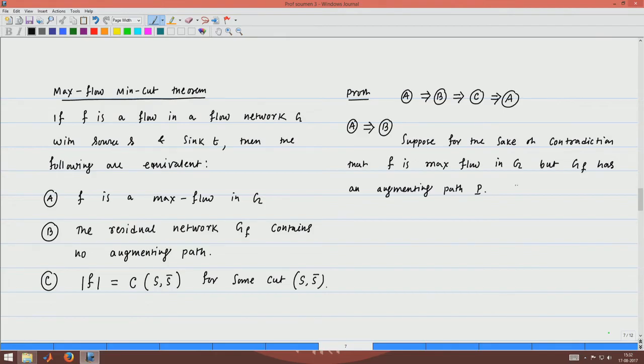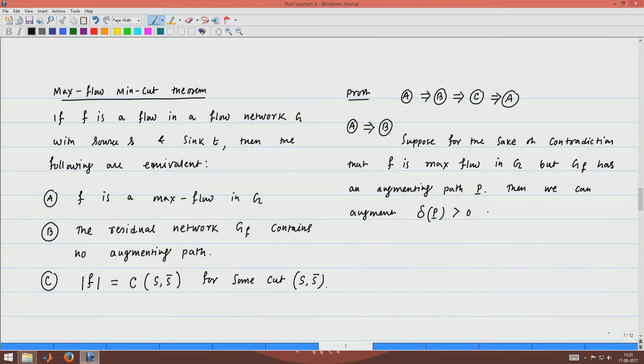If there is an augmenting path P in the residual network G_F, then we can augment delta p amount of flow. This is the capacity of the path p, greater than 0.